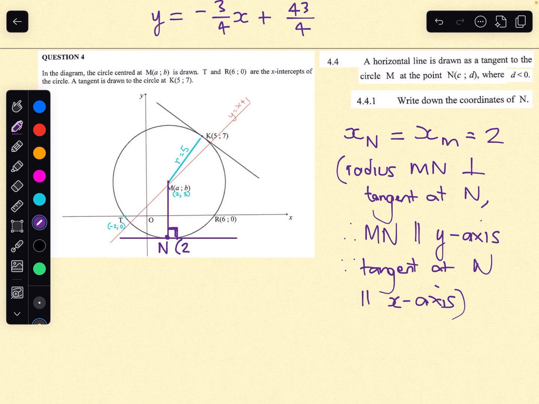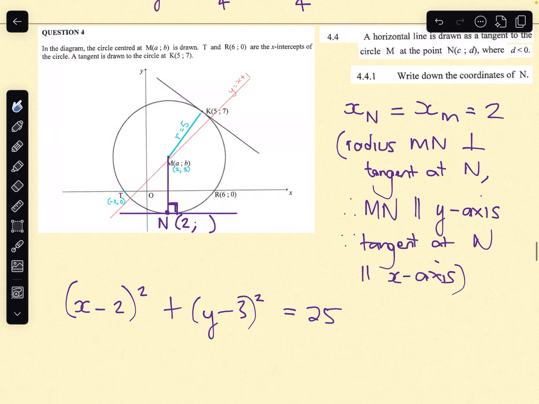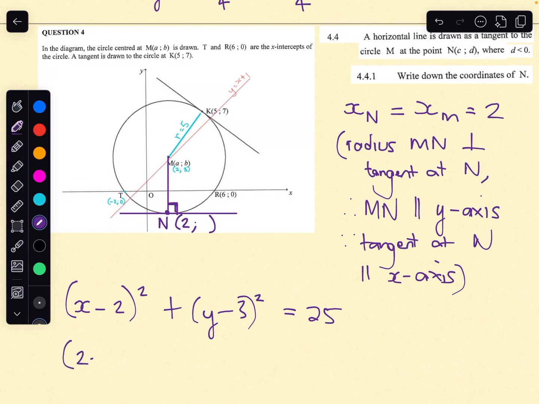Okay, and now we need to figure out the y coordinate, and we can do that by subbing the x coordinate into the equation of the circle, because N lies on the circle. So this means that, I forgot what the equation of the circle is, (x minus 2) squared plus (y minus 3) squared is equal to 25. So we know that the x coordinate is 2.